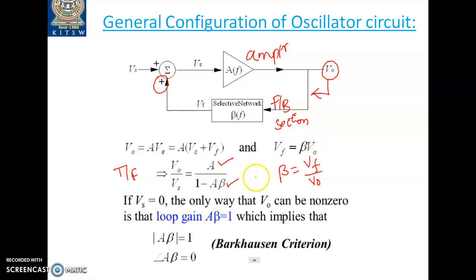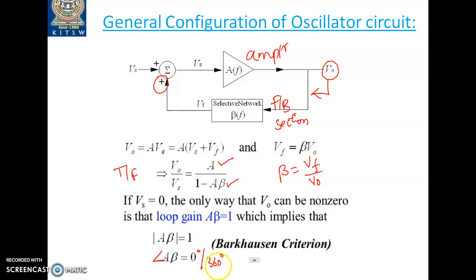When we equate the denominator of the transfer function to 0, we see two important conditions: the magnitude of loop gain is equal to 1, and the phase angle around the loop is equal to 0 degrees or 360 degrees.